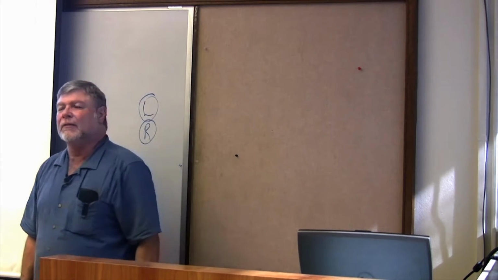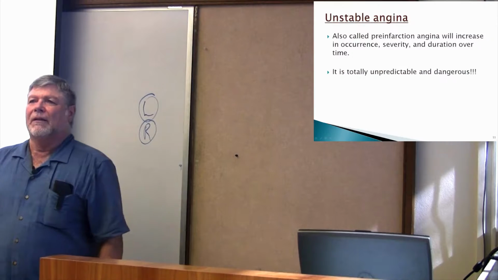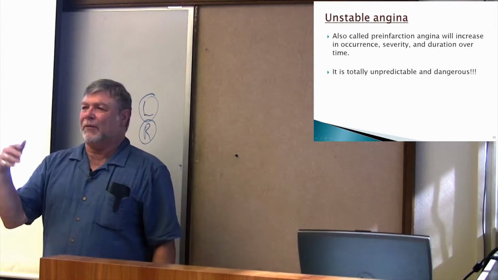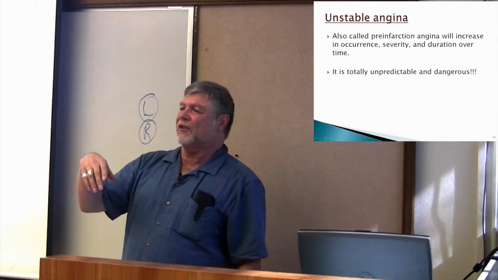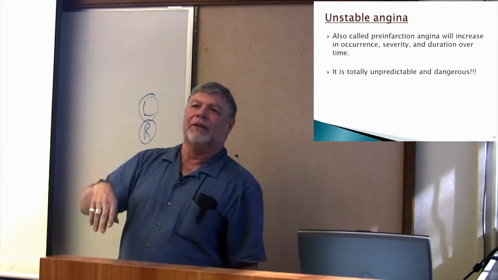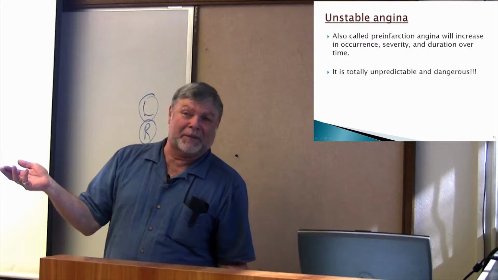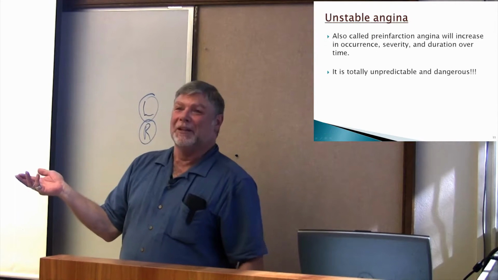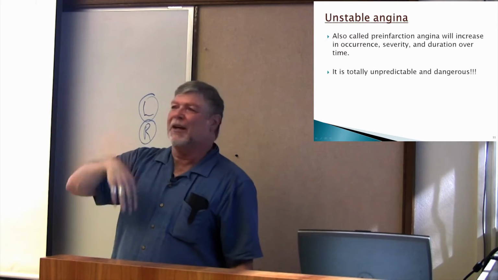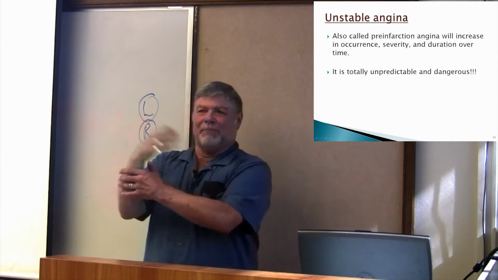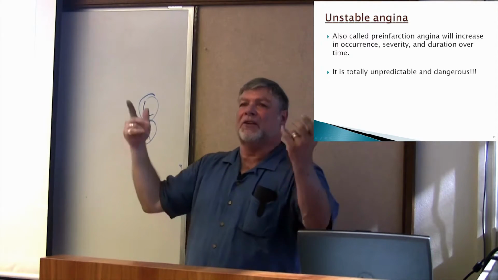So let's go back to our guy with the 90% occluded LAD. And maybe he's got a little piece of something floating around in there, and every once in a while it occludes the artery. He'll perhaps show symptoms of unstable angina if he's lucky, because it'll occlude and then unocclude. But anytime it blocks the flow more, he starts having symptoms.